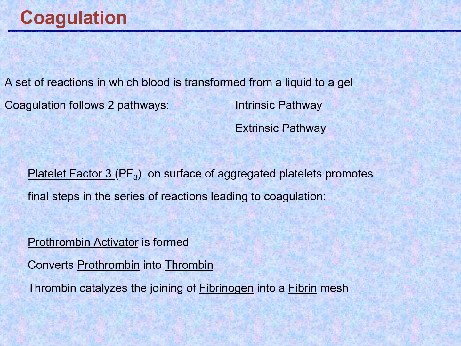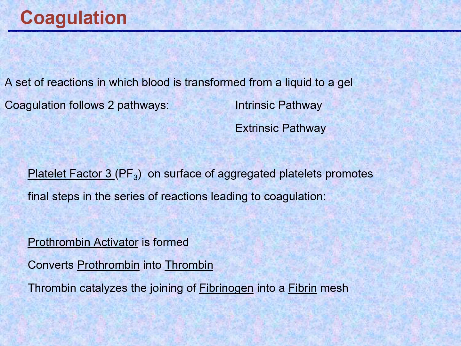There are two pathways towards coagulation. There is the intrinsic pathway and the extrinsic pathway, and there are a number of intermediate steps to these two, and then they form common final steps, and I'm going to go through them.